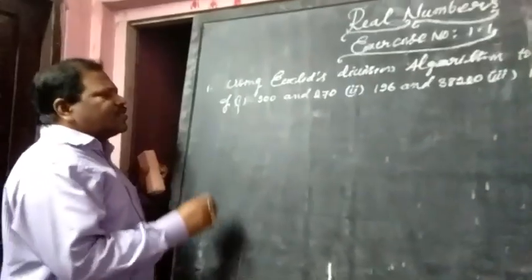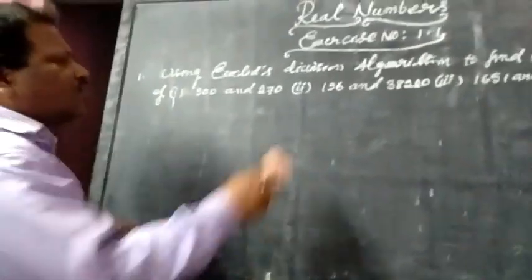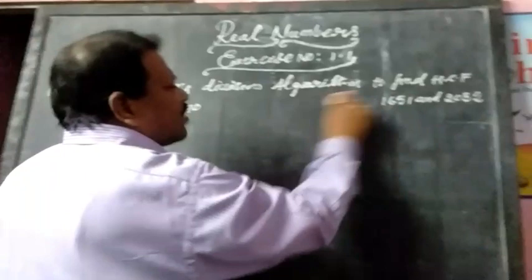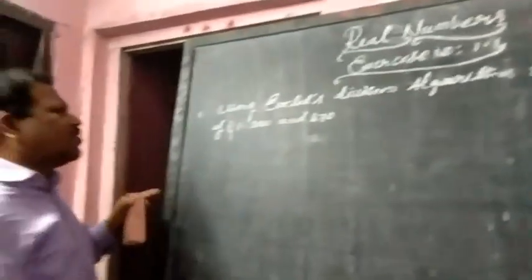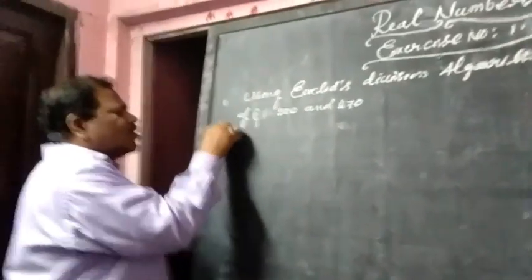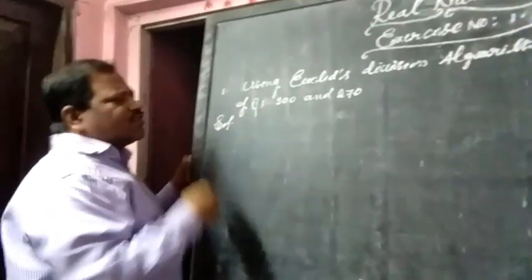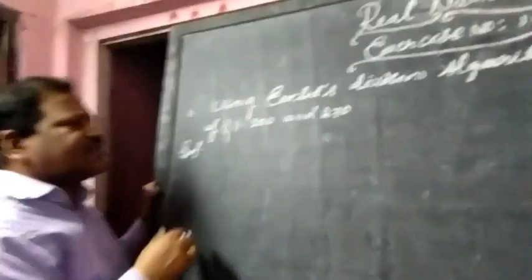Right, now first sum, what is the 900 and 270? First sum solution. Okay, given values. First you have to select the largest number.